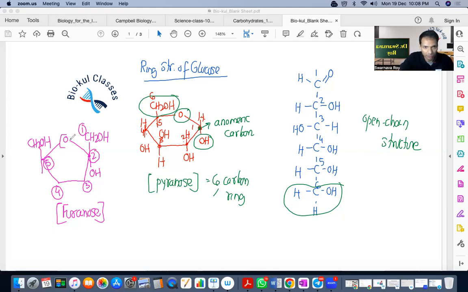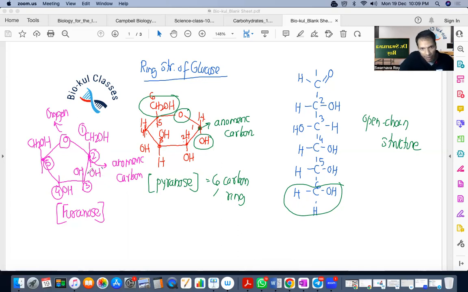There is an oxygen here. Okay, right? And then this structure we can draw as OH, OH at the bottom. And this OH is basically bonded with this one. So this is the anomeric carbon, because this carbon is bonded with the O and it is bonded with the hydroxyl.